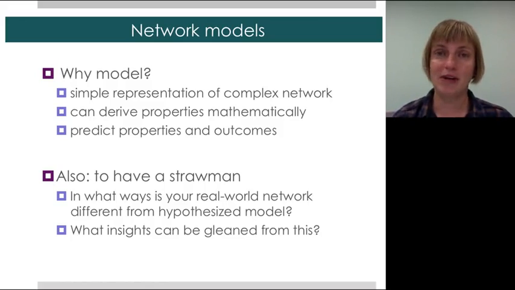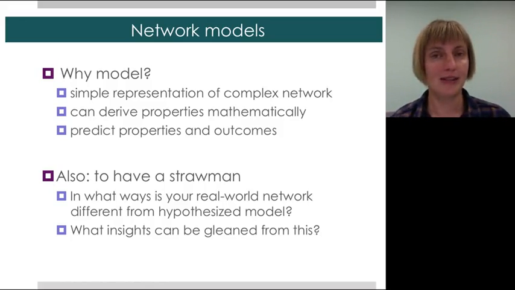But if we have an underlying model that tells us, well, these are the motivations for the edge formation in that network, then we may very well be able to generalize and make predictions about networks we haven't even yet observed. Now, this is all nice, assuming that your model is actually a good representation.